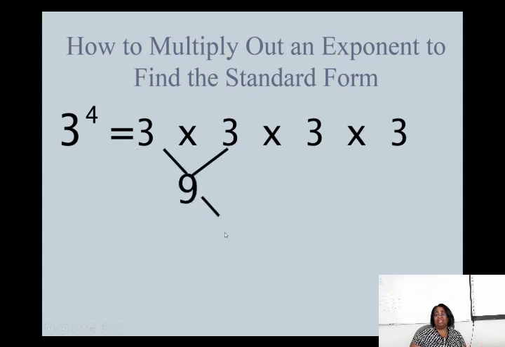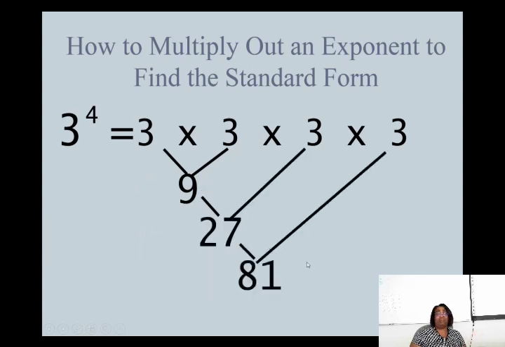And then what's 9 times 3? And then what's 27 times 3? 81. You could just do it in a row. It doesn't matter. You're still going to get 81 just because of the properties of multiplication. So when I ask you to evaluate or put something in standard form, I'm asking for you to actually calculate what that power would be. Any questions about that? Because you might be asked to do that today.